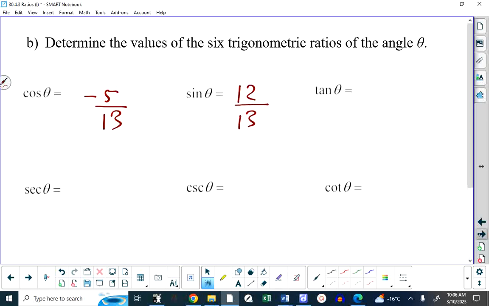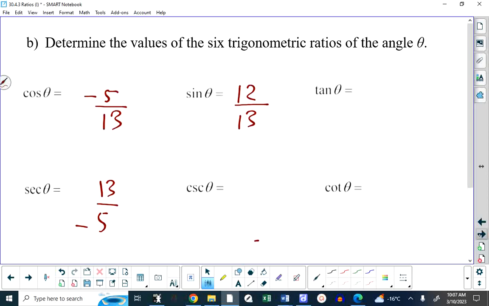And yesterday we learned the y-coordinate is the sine of the rotation angle on the unit circle. What is secant? Secant is the reciprocal of cosine.